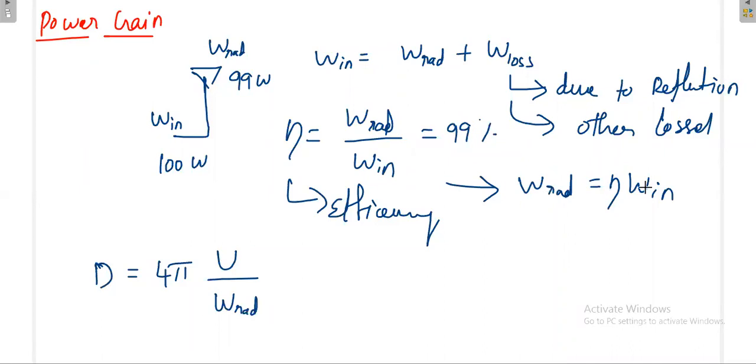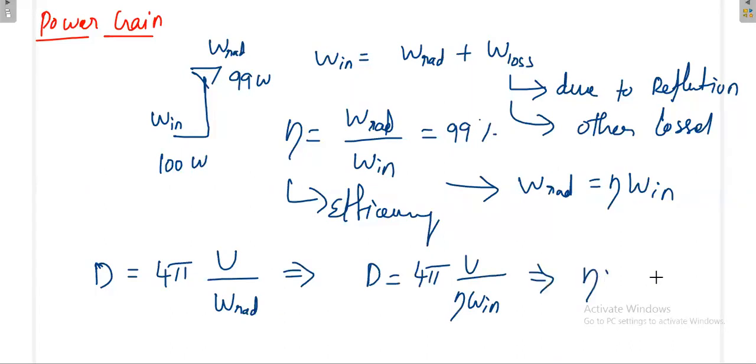Eta into W in. Then eta goes outside, so this is eta into D, where D is 4 pi U divided by W in. This eta D, I am calling it as gain, power gain, G P.